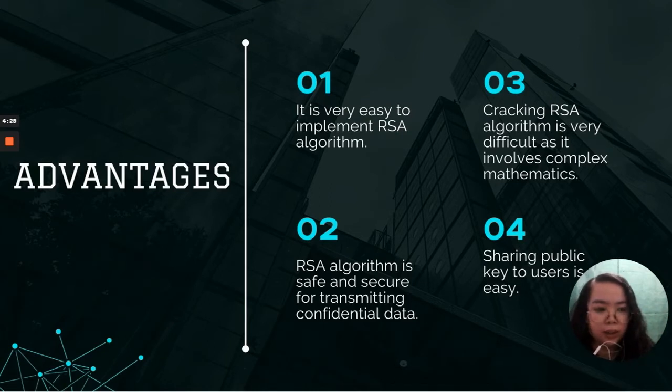The third one is that since the RSA algorithm has complex mathematics, it is hard to crack since it involves factorization of prime numbers, which are difficult to factorize. The fourth one is that the RSA algorithm uses a public key to encrypt data, and the key is known to everyone. Therefore, it is easy to share the public key.